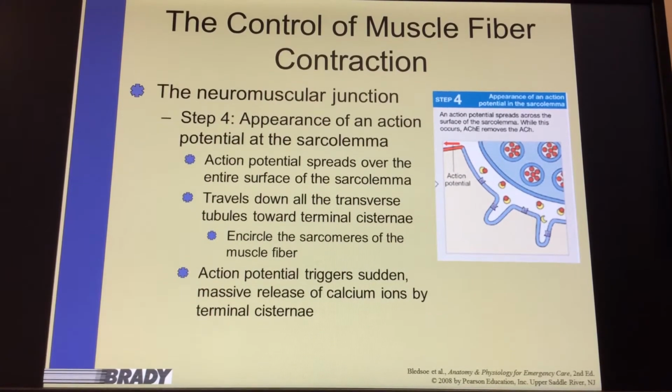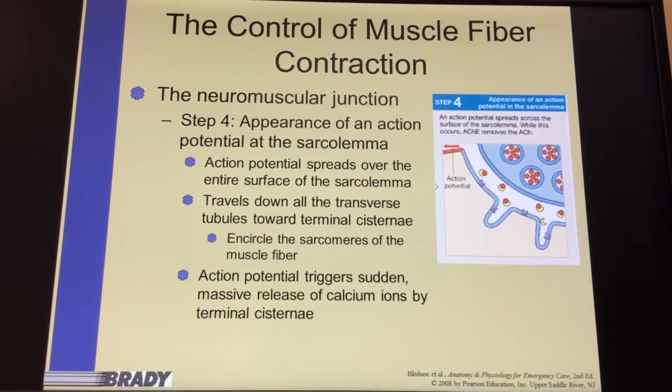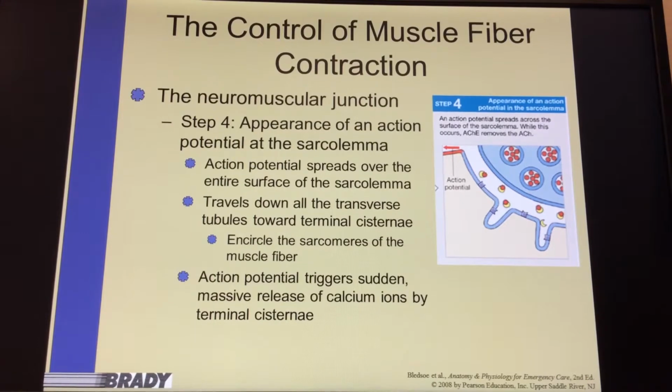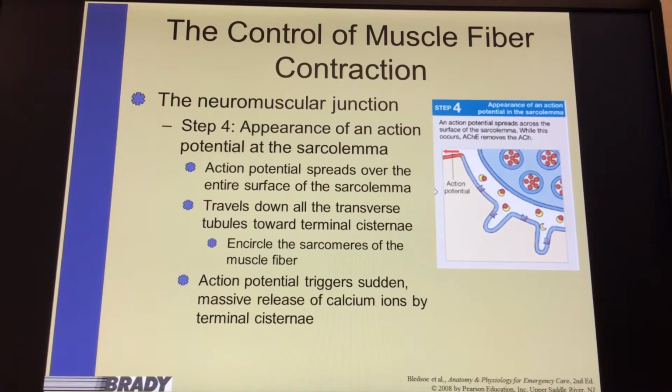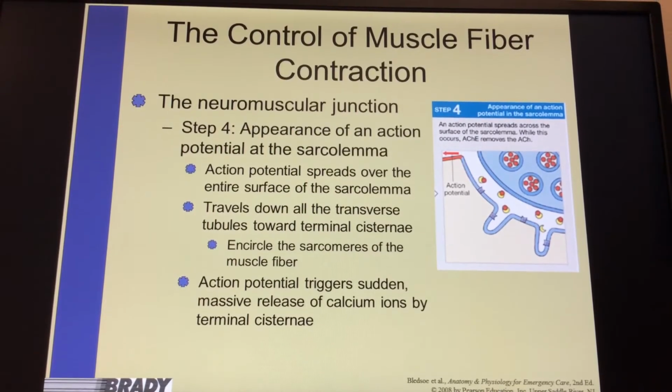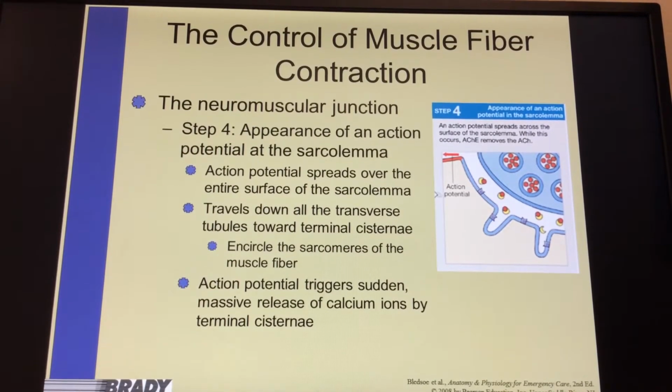So here you can see, to stop that action potential, we have to get some binding with that acetylcholine, and that stops it from attaching, and it breaks everything up, and the action potential then gets stopped and closes up.